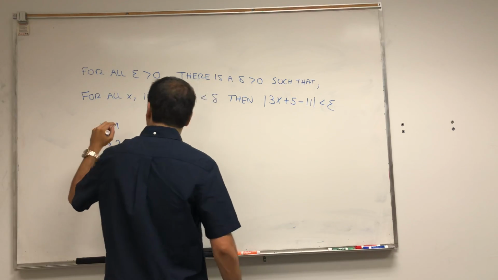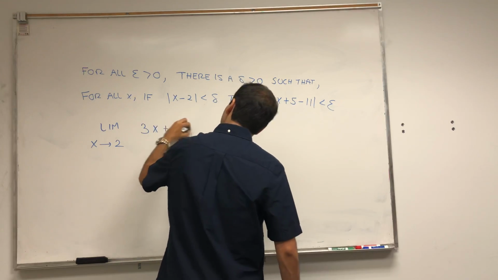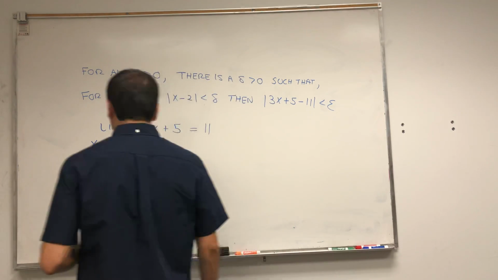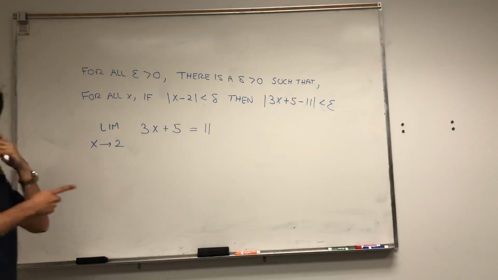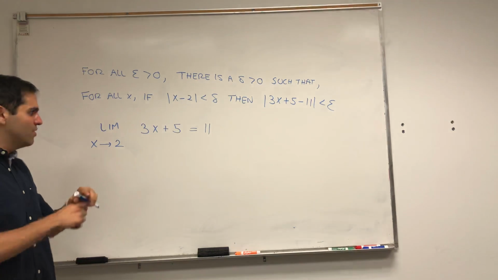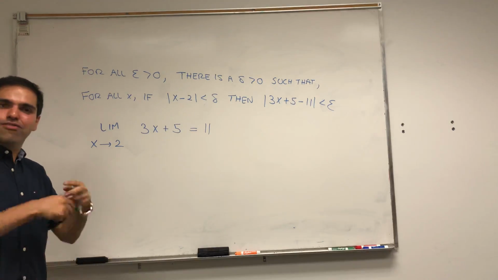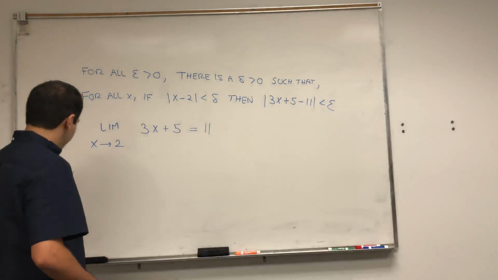So let's calculate the limit as x goes to 2 of 3x plus 5 equals 11. Interestingly, this is like writing an essay. You first want to do some prep work, like your first draft, and then you want to write your essay.